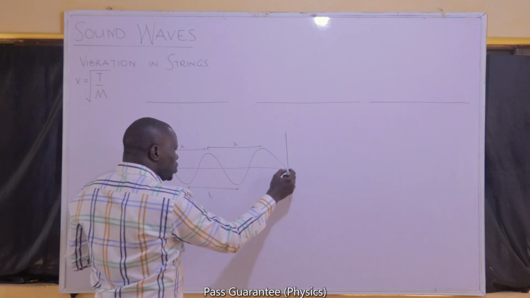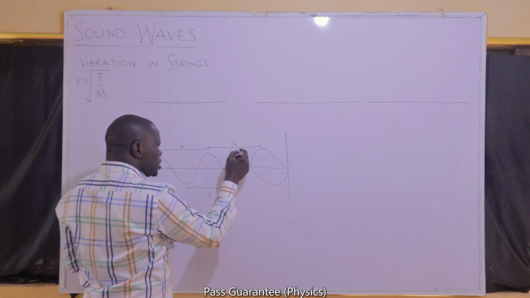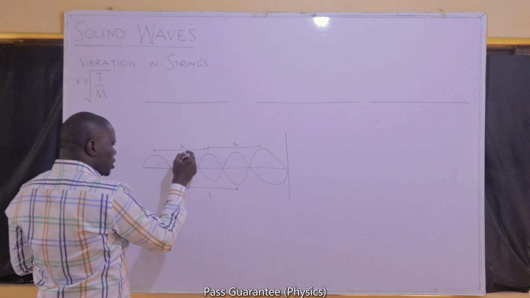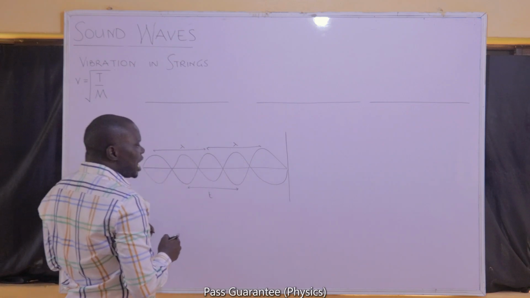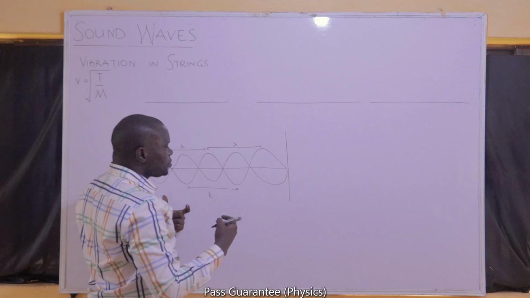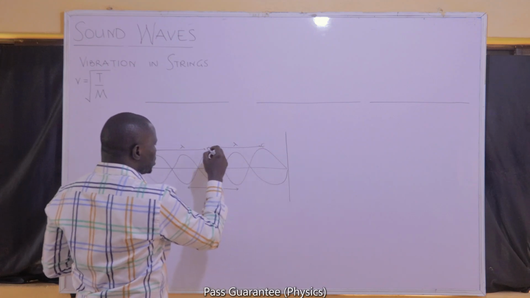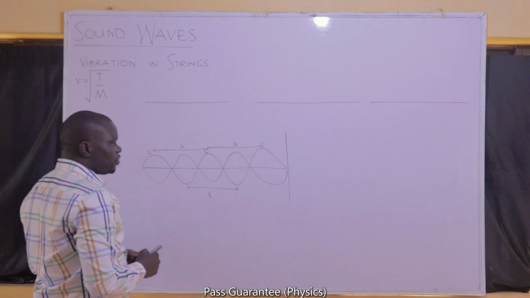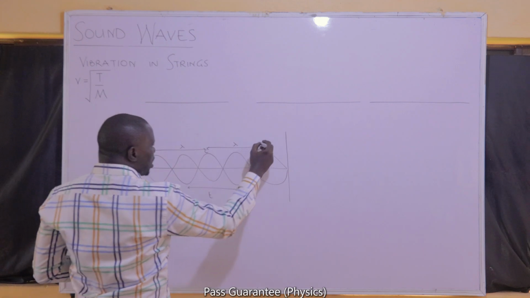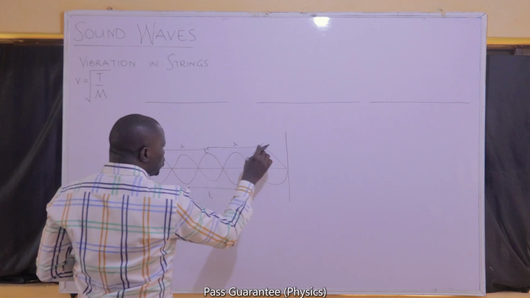If I join this wave to its reflection, such that I now have a stationary wave, then all of these crests become antinodes. Let me study two crests.